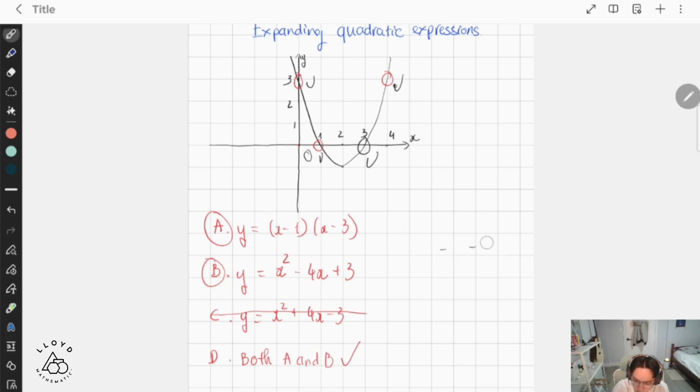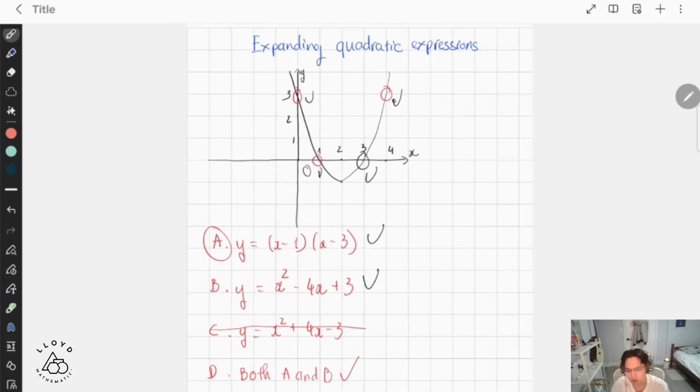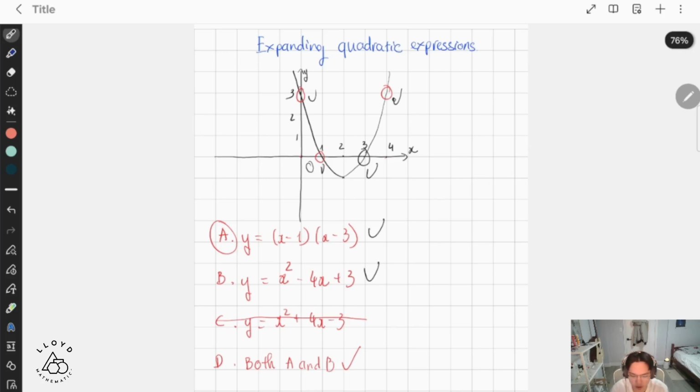After the 4 points are verified, B is also correct along with A. A and B have the same degree, which is 2. This one also has degree 2, because x times x gives x squared. That means these functions are the same, or we can say they are equal to each other.